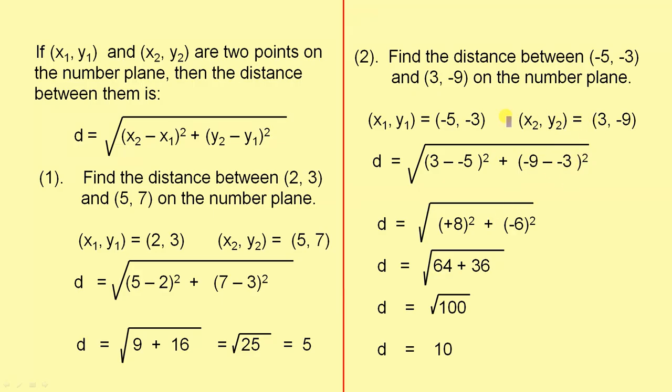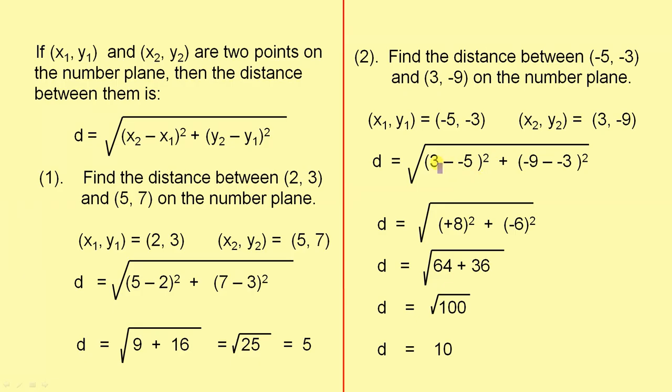See, x2 minus x1 is 3 minus negative 5. That's that part. And y2 minus y1 is minus 9 minus negative 3, which is that part.